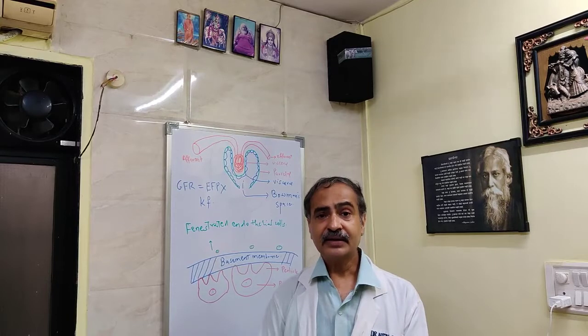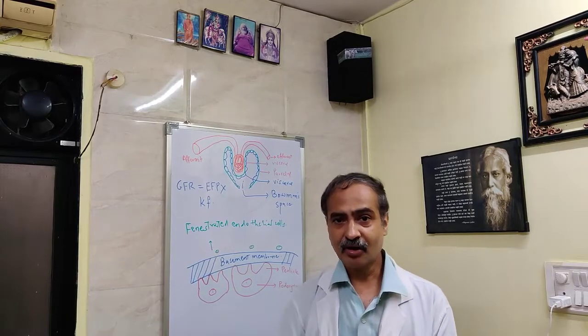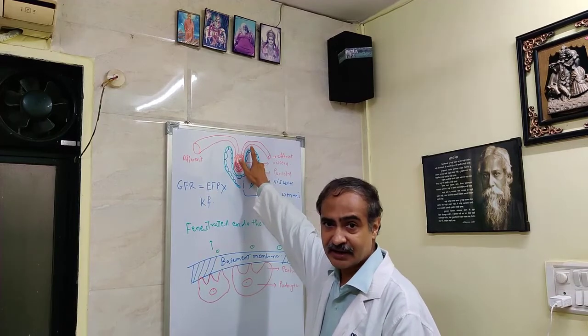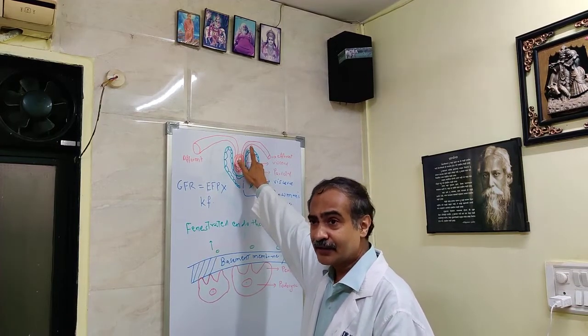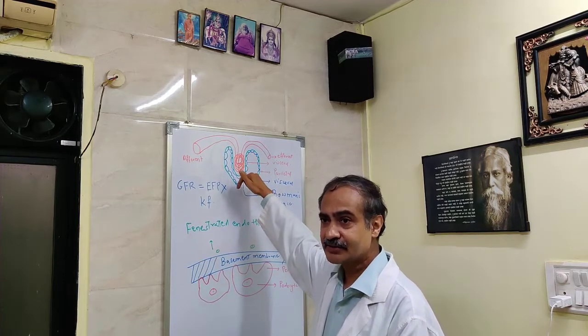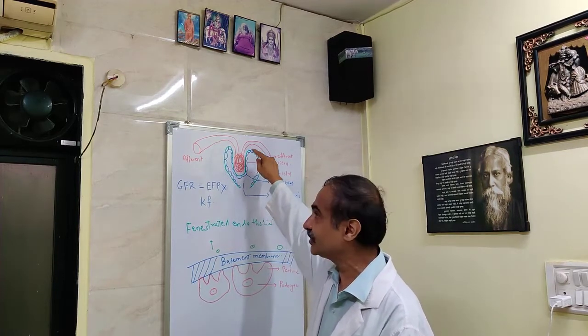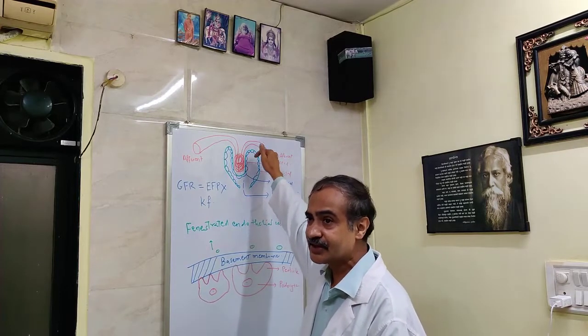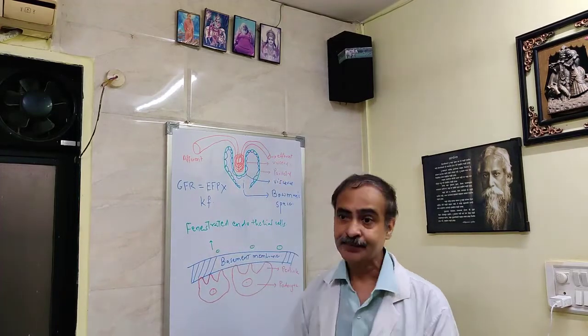Also, the transglomerular hydrostatic pressure depends upon the state of constriction of the efferent arteriole. So, efferent arteriolar constriction will result in increased transglomerular hydrostatic pressure because there is increased resistance to the flow of blood passing through the efferent arteriole, which gets transmitted to the glomerulus.